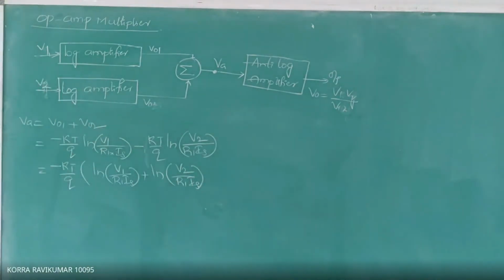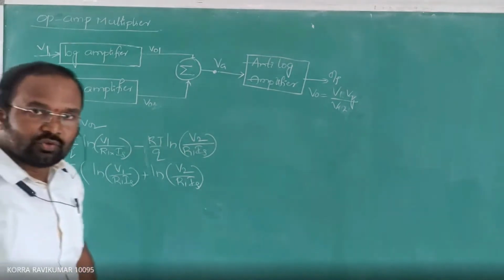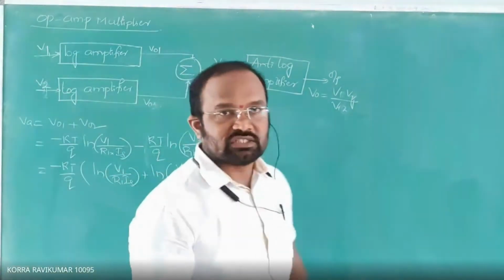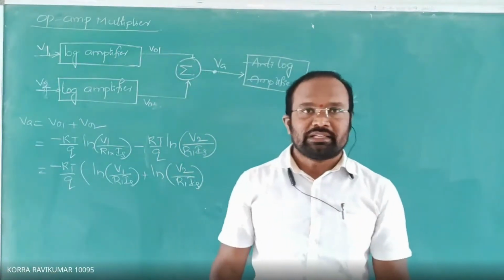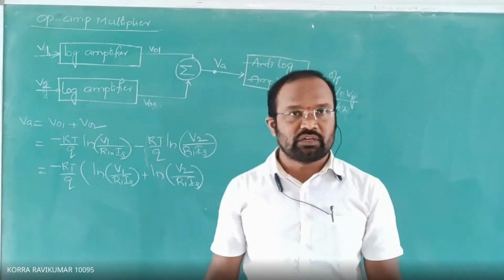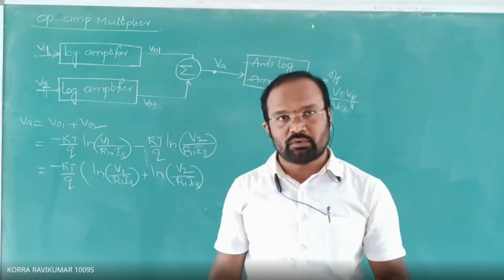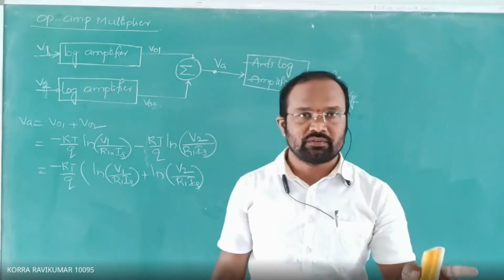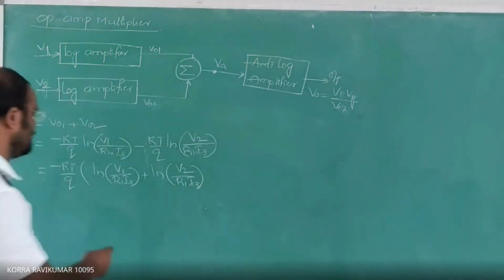See here, you know very well the natural logarithm equation. Natural log of xy is equal to natural logarithm of x plus natural logarithm of y. The equation tells, a well known equation.